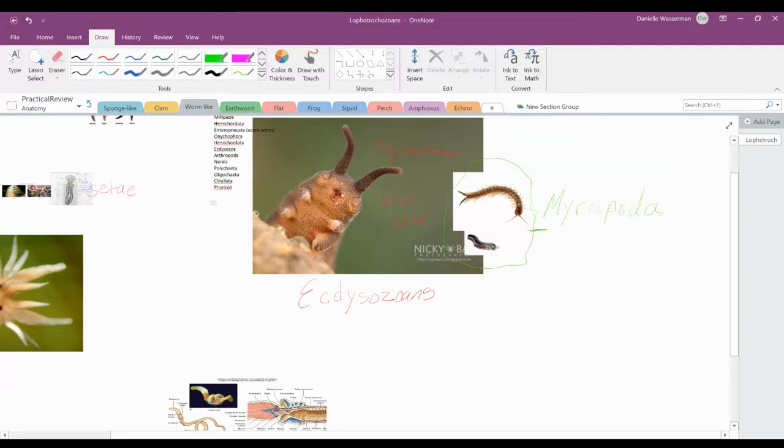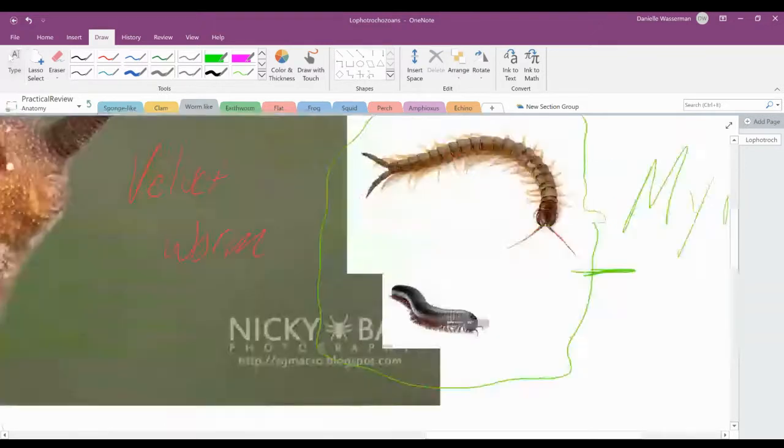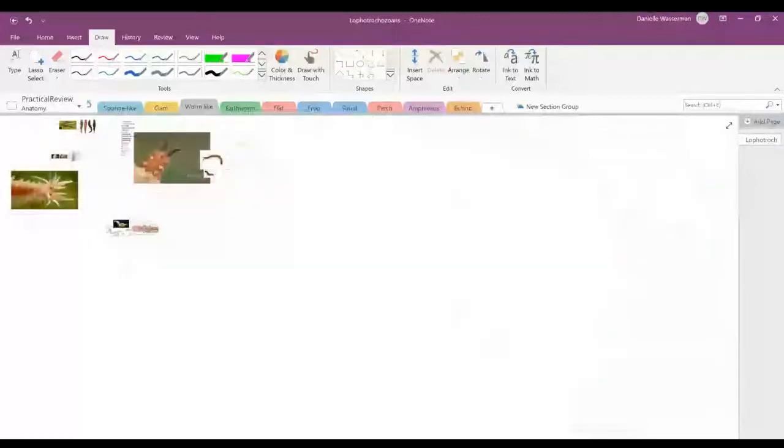And above that, an ecdysozoan is above Arthropoda. So these have jointed legs. So you should learn centipede versus millipede on your own. I've covered that with my class really well, I know.